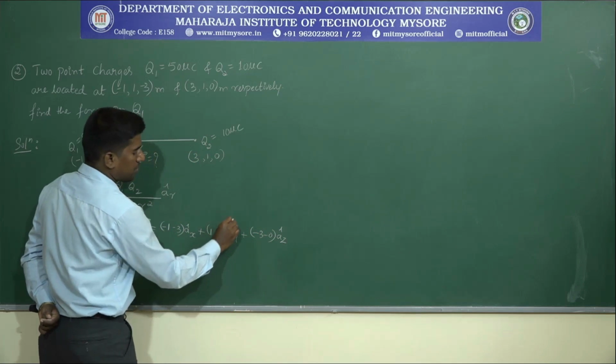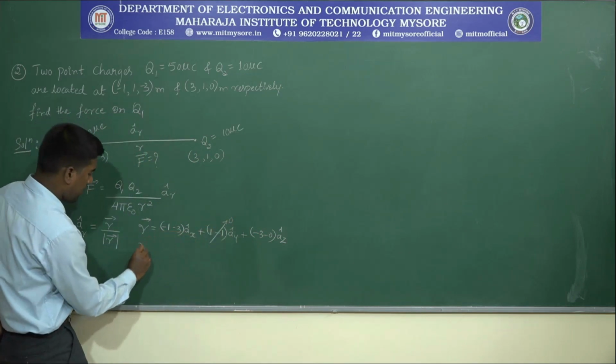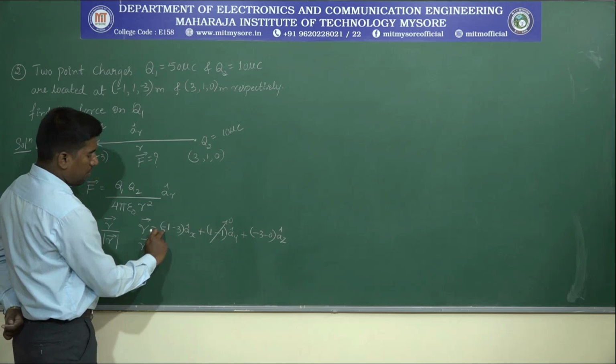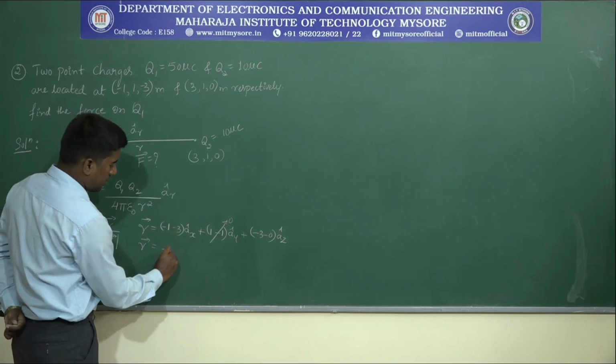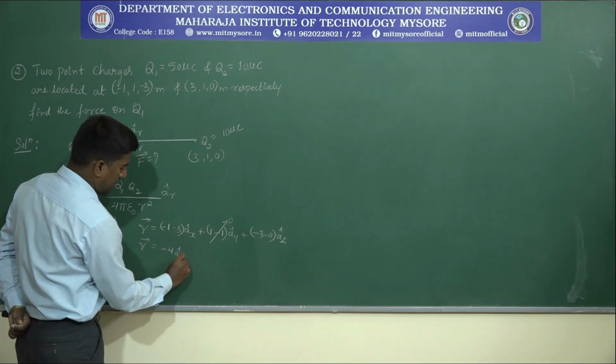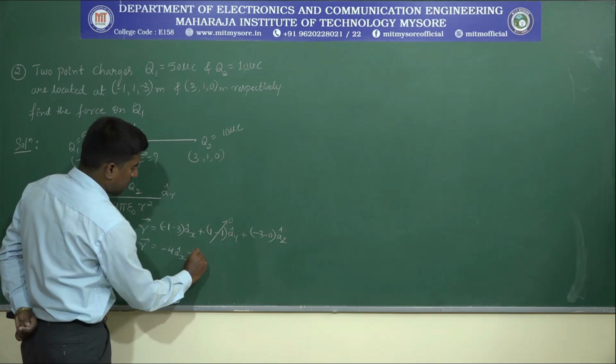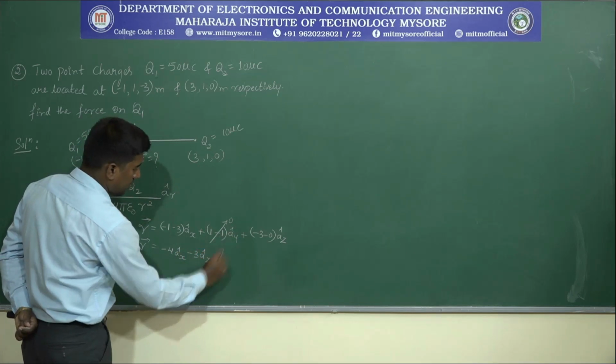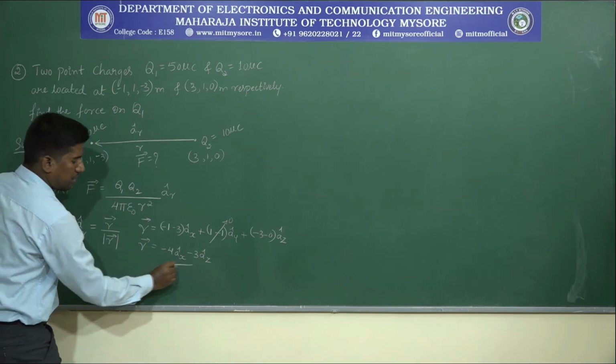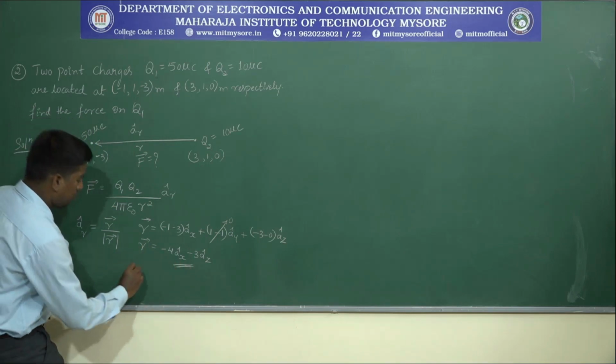The y component becomes 0, 1 minus 1 is 0. Therefore, r is equal to minus 4 a cap x minus 3 a cap z, right? This is the distance vector between those 2 points.